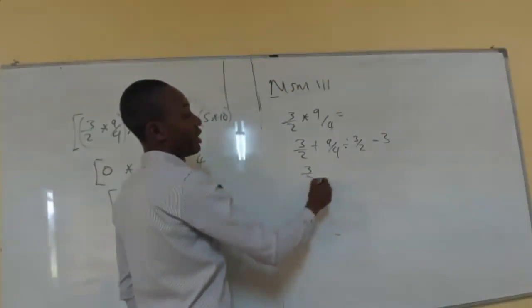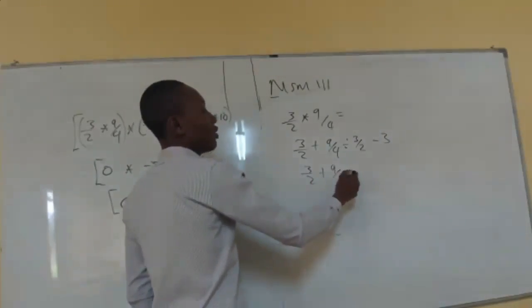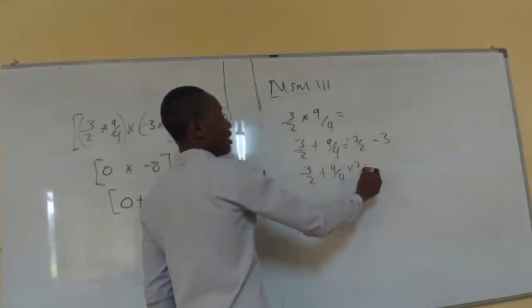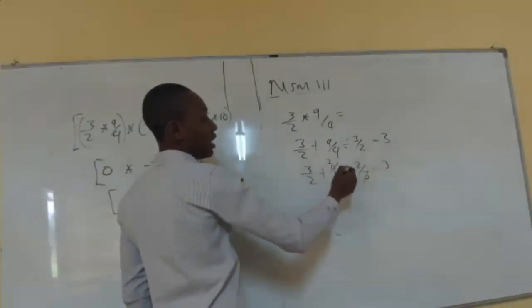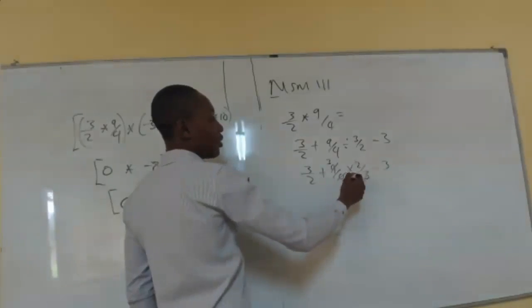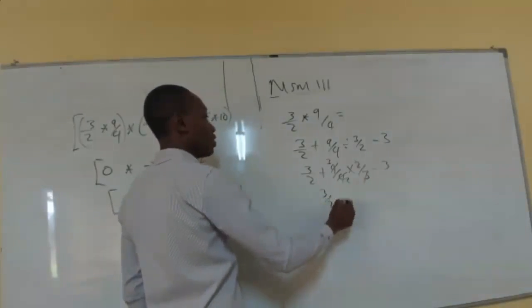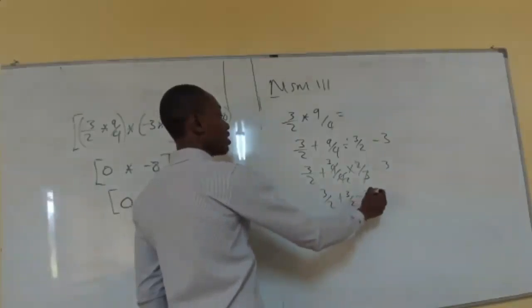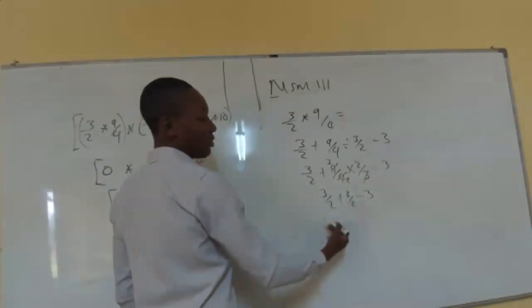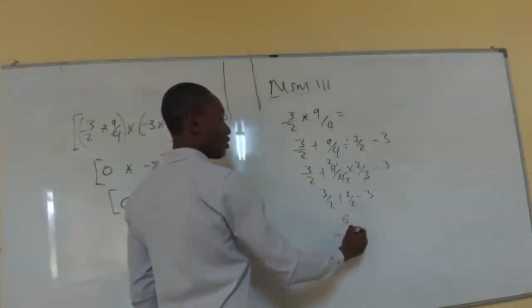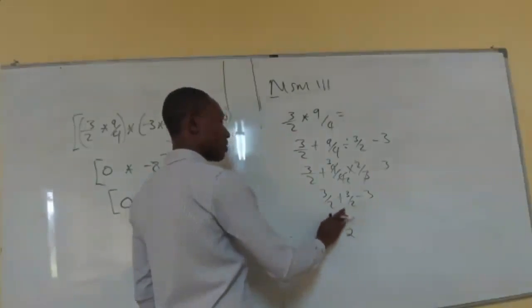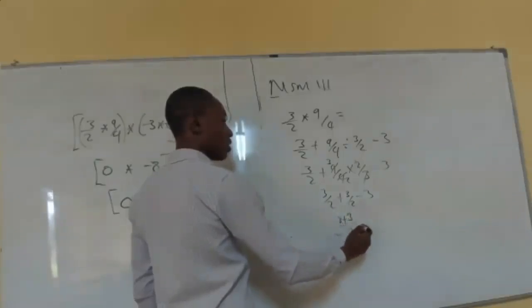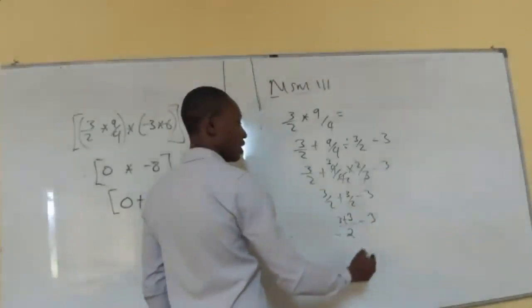Then this was 3 over 2 plus 9 over 4, division changes to multiplication, there's a flip, okay? So 3 into 9 is 3, 4, 2 into 4 is 2. So we have 3 over 2 plus 3 over 2 minus 3.